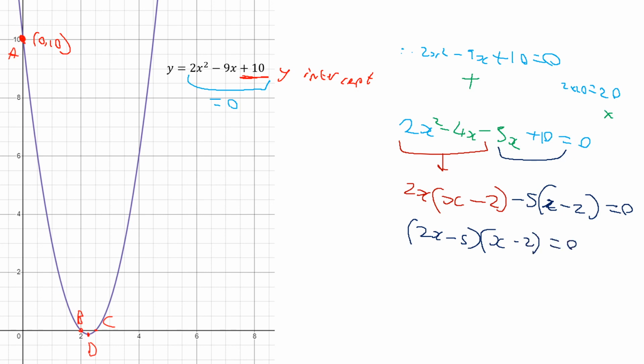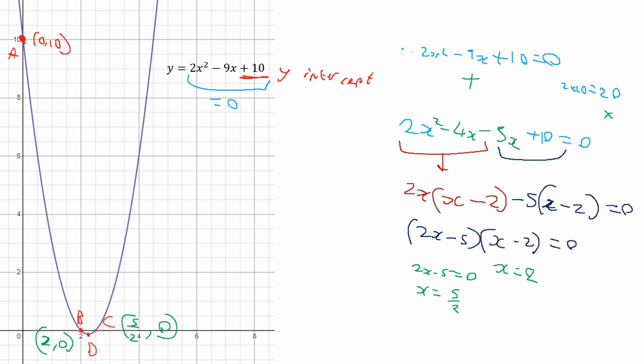So we know that x is equal to 2 and 2x minus 5 is equal to 0, so x is equal to 5 over 2. But which is which? B is on 2, so we can clearly label B as (2, 0). And we can label C as (5 over 2, 0).